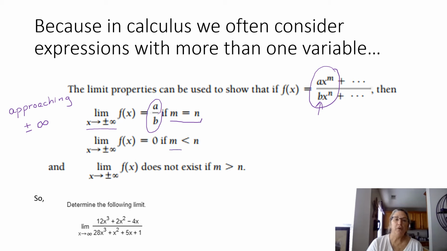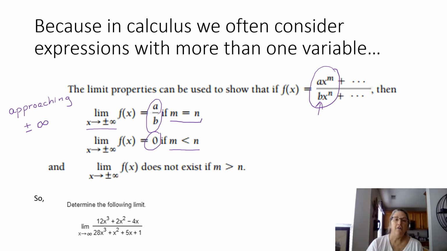If m is less than n, where the top degree is smaller than the bottom degree, then our limit will be 0.